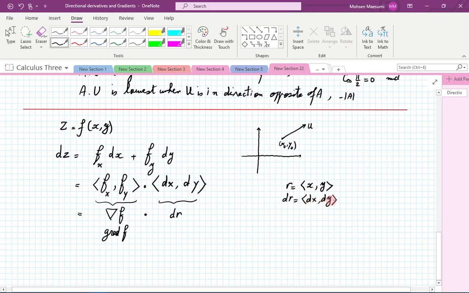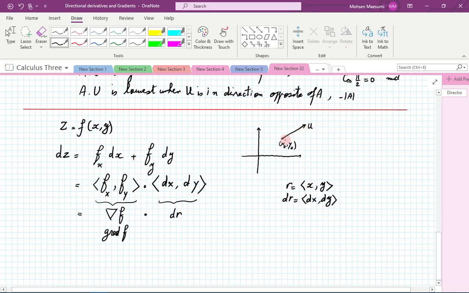Now we have another way of looking at this. These are my displacements. Let's think about it like this: let's choose an angle to travel at, and then choose a parameterization along that, maybe dt.